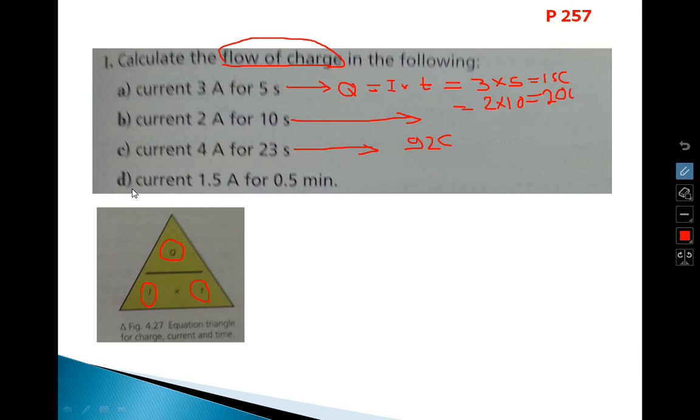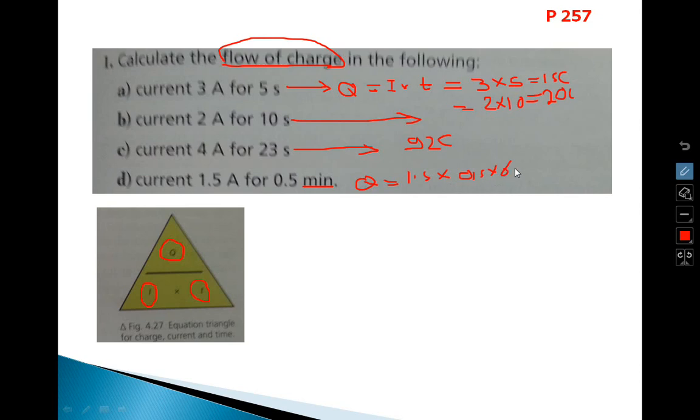Last one, D, current is equal to 1.5 ampere and time is equal to what? Minute. We need to change from minute to what? Second. So Q, we are going to use the same equation. Q is equal to I times T. So Q is equal to what? 1.5 times 0.5 times 60.